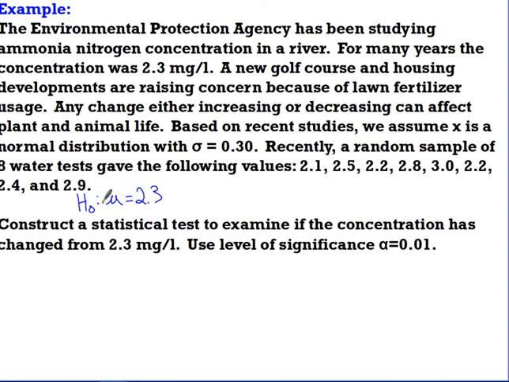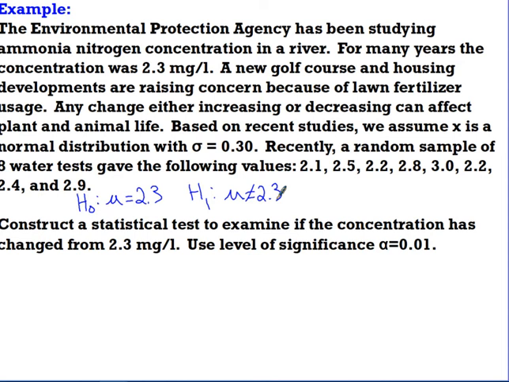New golf course and housing usage has kind of changed that, either increasing or decreasing. So, we don't care either way. So, we'll test that it's different than 2.3. Right, we've got our population standard deviation of 0.3. A random sample of 8 water tests will give you the following results.